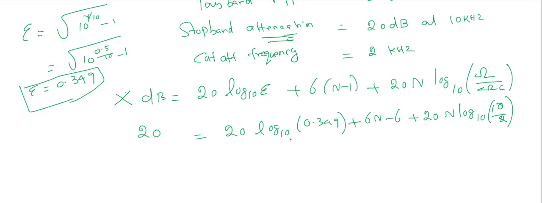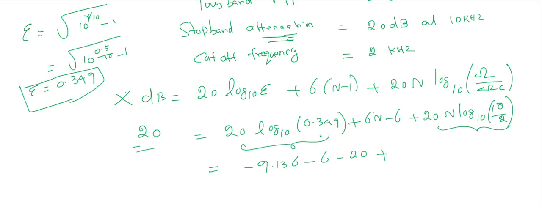Then you calculate this value: minus 9.136. This is minus 6, this is minus 20, plus this value, which you can calculate, will be 19.